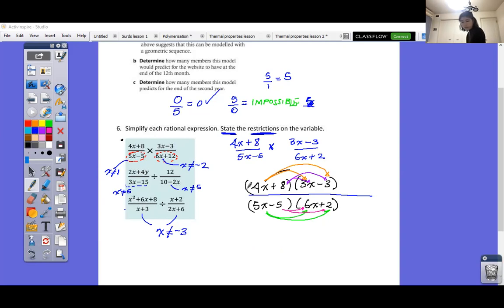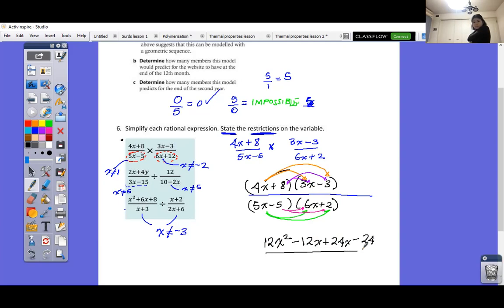Yeah. Let's just check that one. So 4x times 3x would give us 12x squared. Minus 4 times that will give me minus 12x. 8 times 3x would give me plus 24x. 8 times minus 3 would give me minus 24.